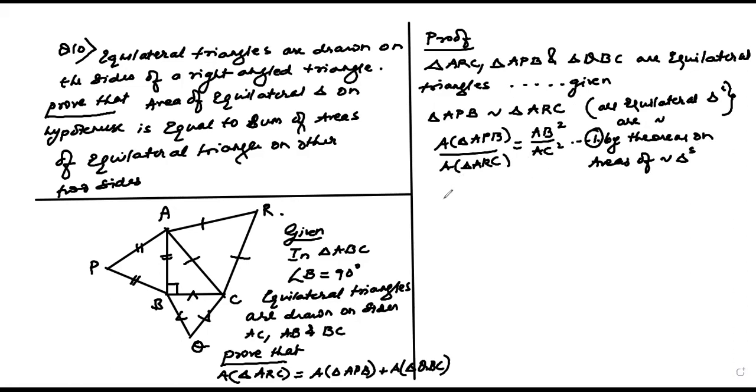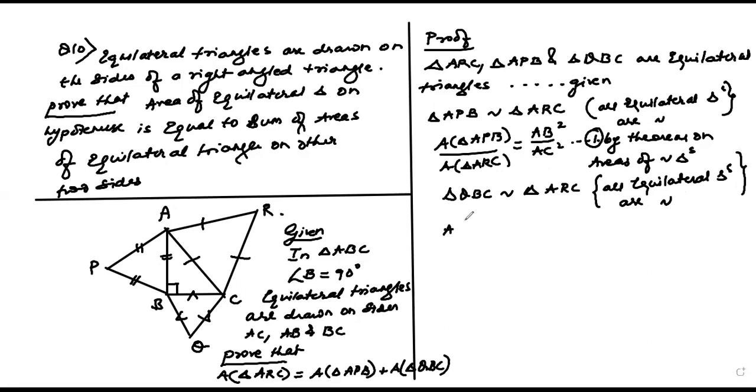Again, children, triangle QBC is similar to triangle ARC. All equilateral triangles are similar, because their angles are going to be 60 degrees.